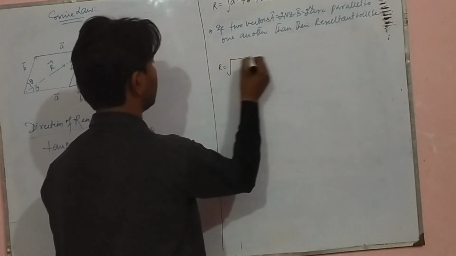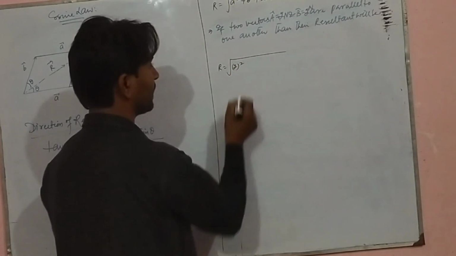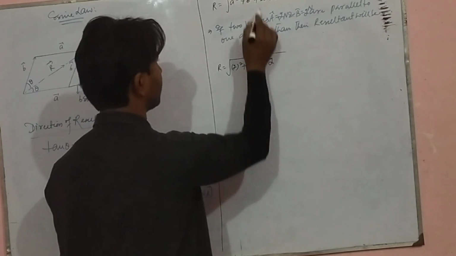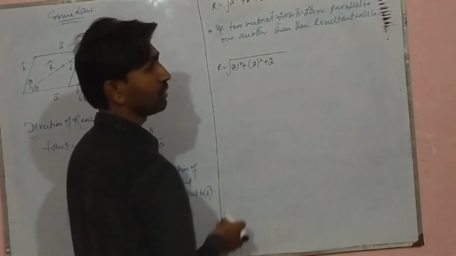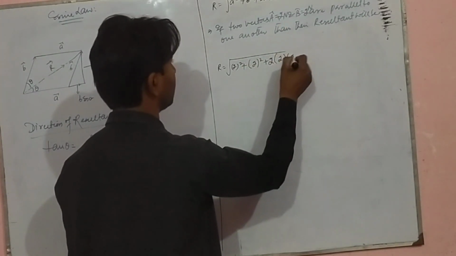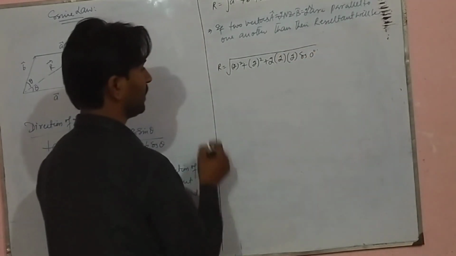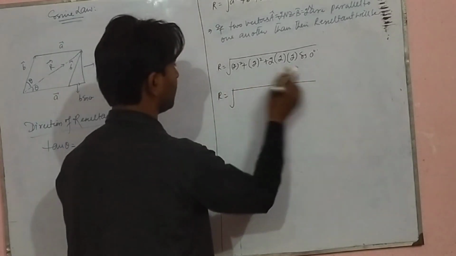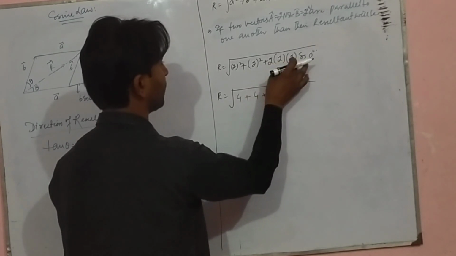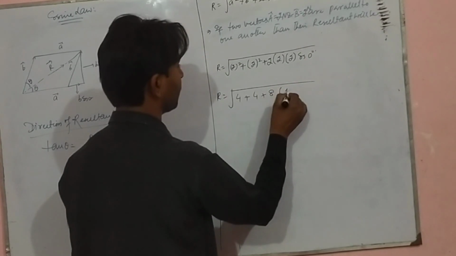R will be equal to the square root of 2 square plus 2 square plus 2 times 2 times 2 times cos 0, and cos 0 equals 1.